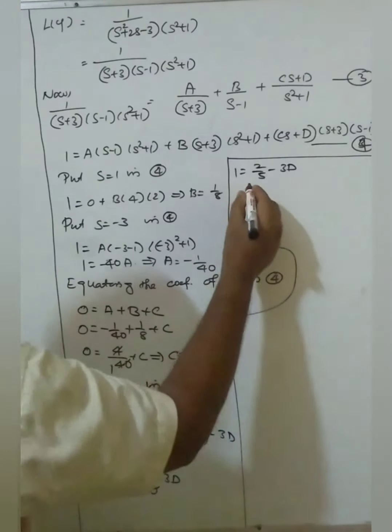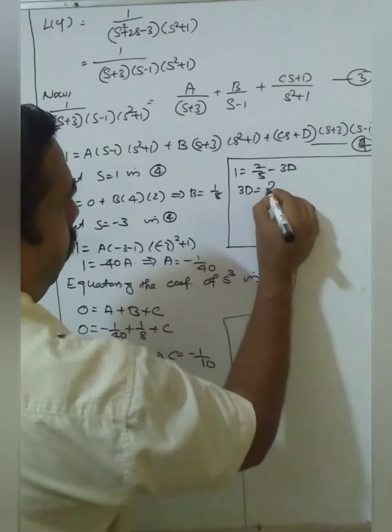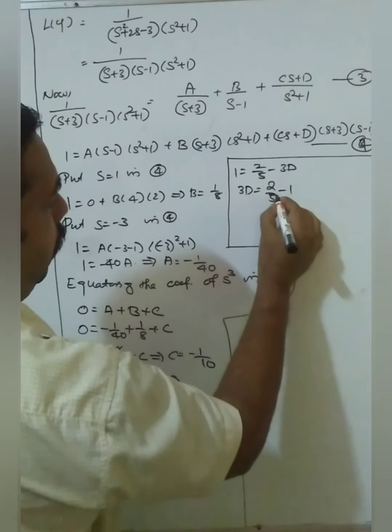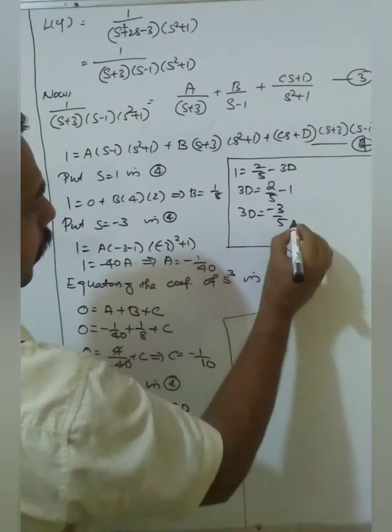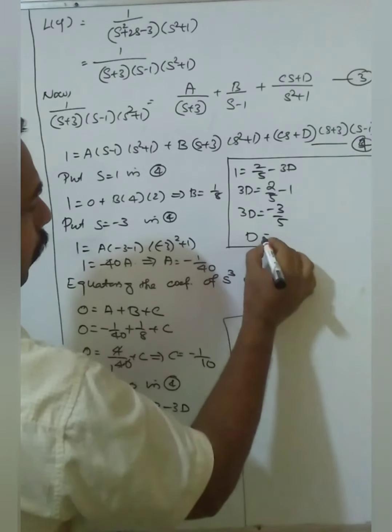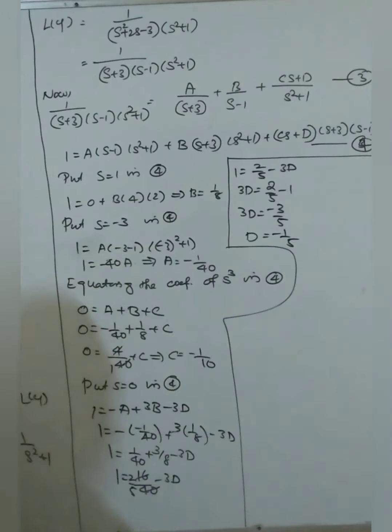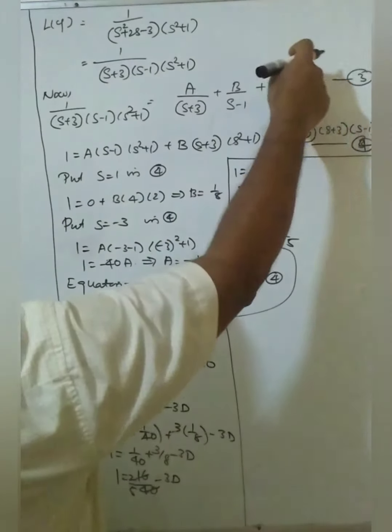So 3d is equal to 2 by 5 minus 1, that is 3d is equal to minus 3 by 5. d is equal to minus 1 by 5. So we got all the values in this equation: a, b, c, d.